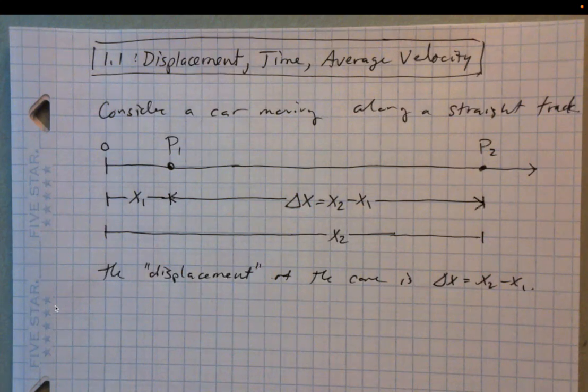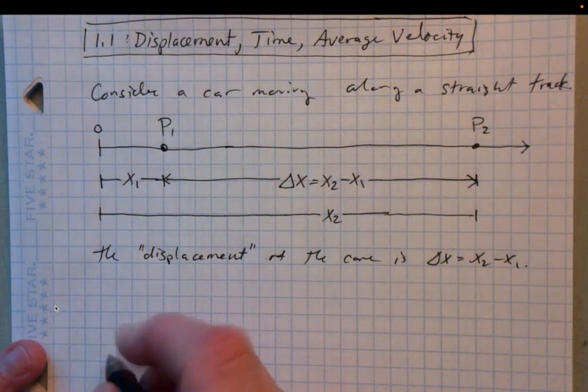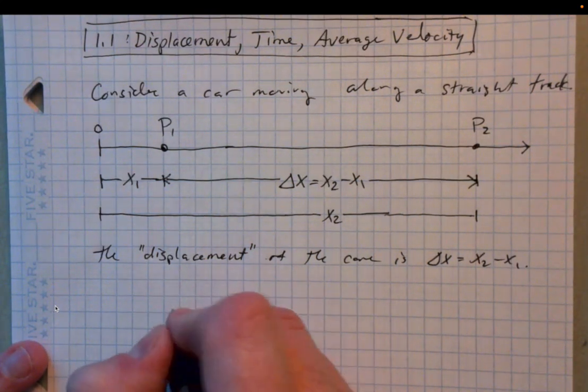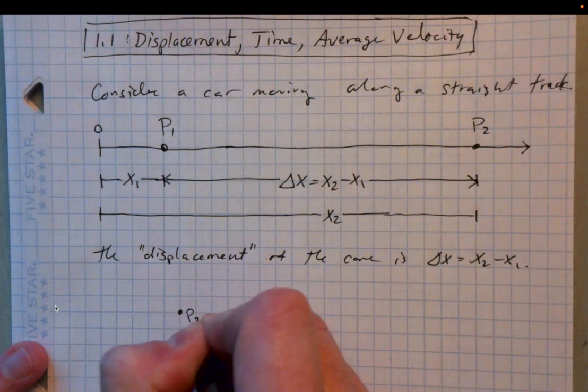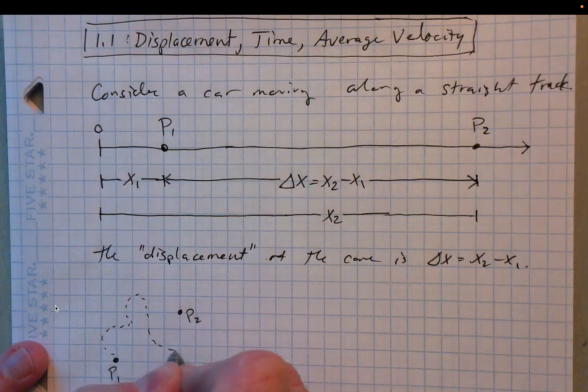Okay, and we can again think of displacement as a vector that moves from the starting point to the ending point. As an aside to this example, let's consider an example in more elaborate space. So we've got point 1 and point 2, and let's say we take a very roundabout path between those two points, right?